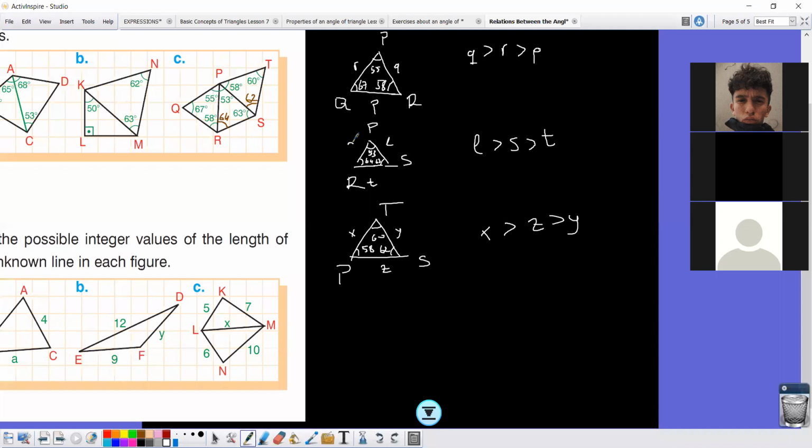Can you see what I am doing? Or can you understand why I changed? They have the same line. They are the common lines. And here, PS is the common line. Also R and T have the same line.